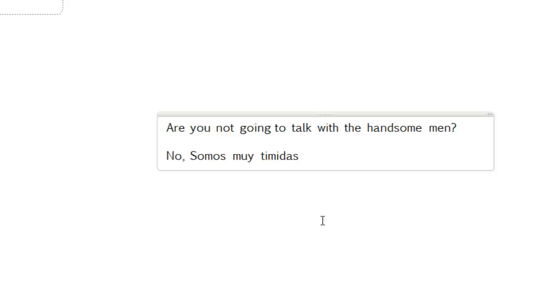Now, I probably haven't picked the best example for this, but if you're a mixed group, you would probably use the masculine generally. But if you're a group, say you're gay, maybe you would put in the tímidas.